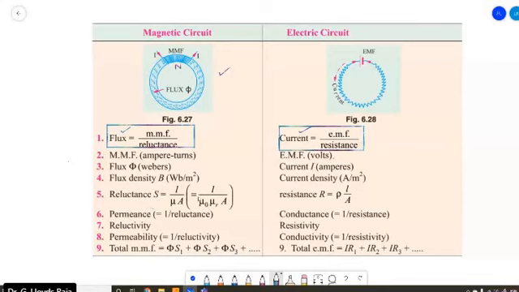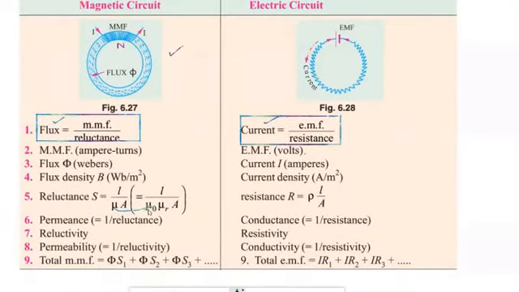Then reluctance, as we discussed earlier, is denoted by L divided by mu into A, where mu can be written as mu naught into mu R. Whereas in the case of an electric circuit, the resistance is R equal to rho into L by A. What is this rho? This is nothing but resistivity.